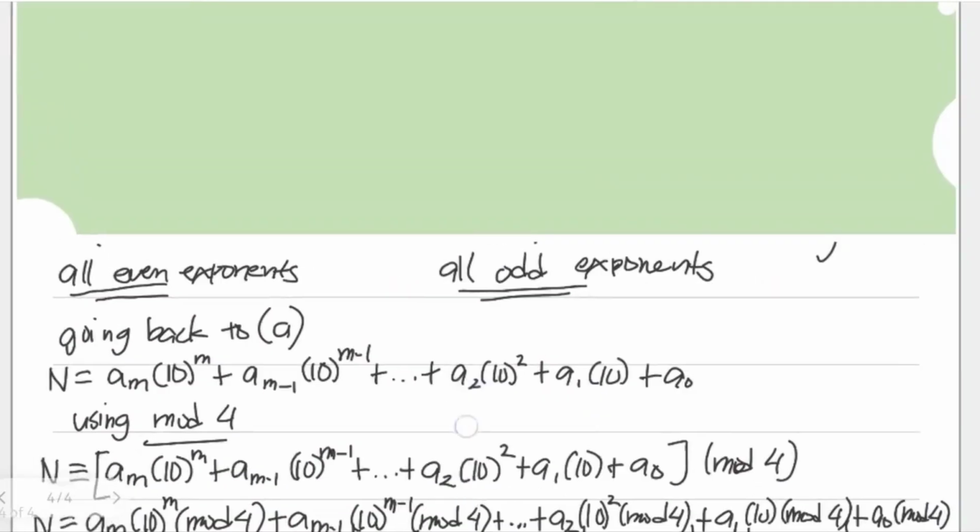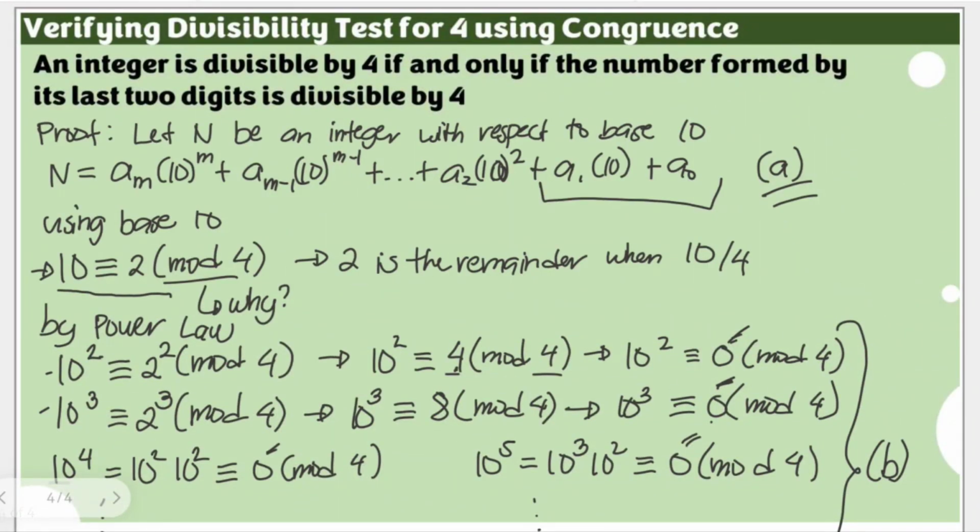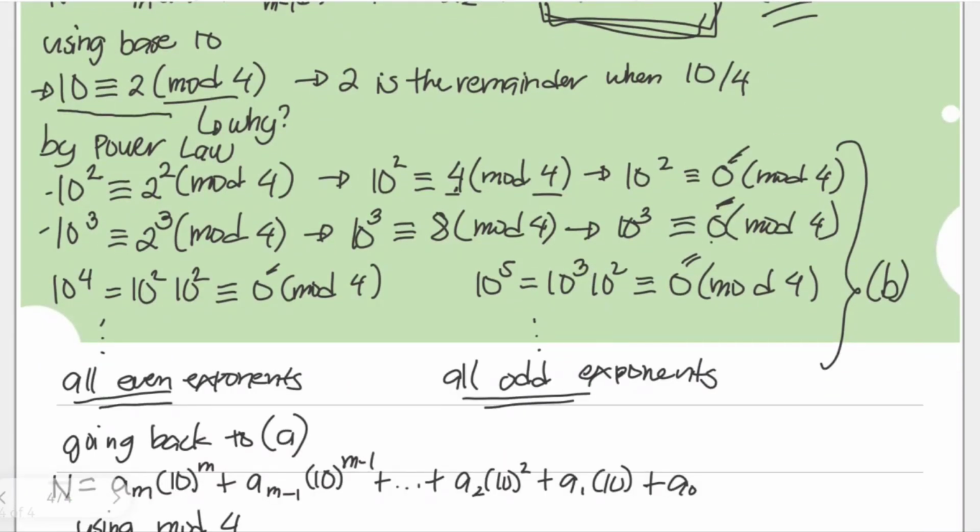Going back to the statement that we usually give to our students: an integer is divisible by 4 if and only if the number formed by the last 2 digits, this here, is also divisible by 4, as guaranteed by this proof. So we're able to do that by first having integer n with a base 10, and we have this idea for remainders on modulo 4 using base 10.